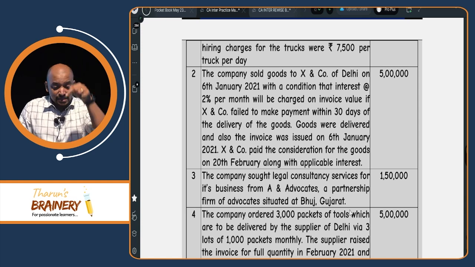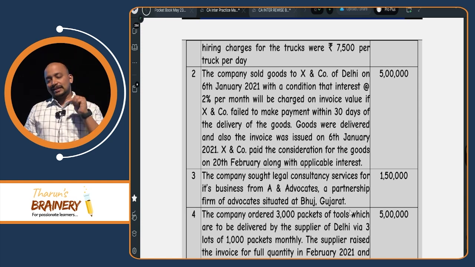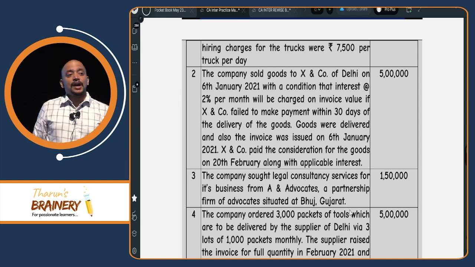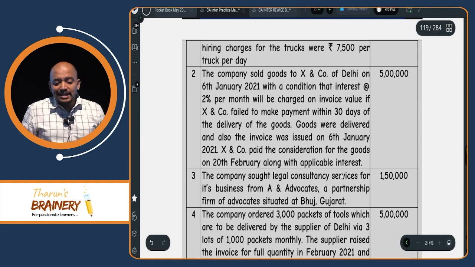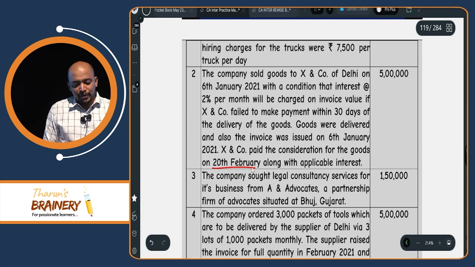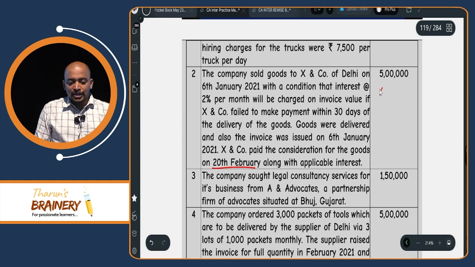Then what will be taxable in February month? Interest. Interest will be taxable on receipt basis. When the interest is received, 20th February, how much is the interest? 5 lakhs into 2% for how many months? Will be charged if Exxon Co fails to pay within 30 days. So, how many months here?